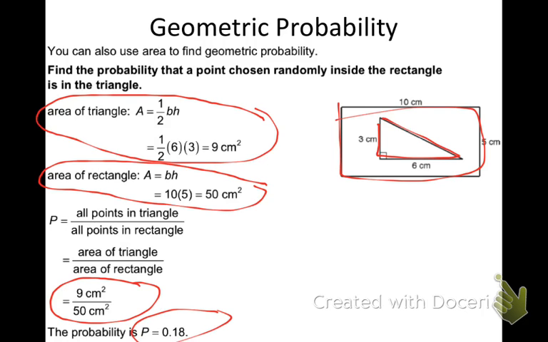A lot of times, what popular game does this kind of involve? We're talking about probability of shapes, hitting shapes. Darts. Darts is a popular one. What's that on darts? Circles, right? Does anybody know what famous game a lot of people play now, typically in the fall, that is made up of geometric probability?